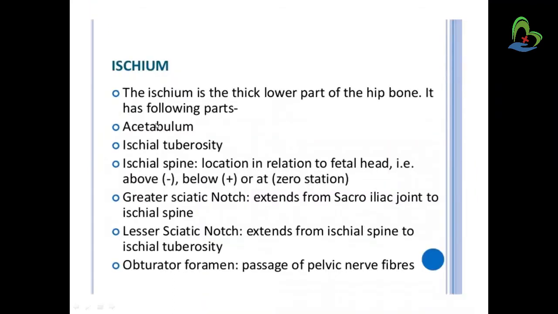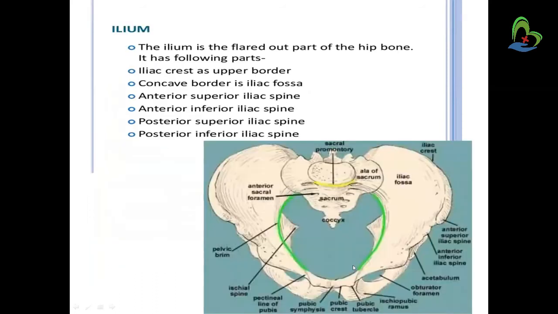Now, the ischium. The ischium is the thick lower part of the hip bone that includes the acetabulum, ischial tuberosity, ischial spine, the greater sciatic notch, lesser sciatic notch, and the obturator foramen. The acetabulum is the socket where the femur, the thigh bone of the leg, articulates. Then the ischial tuberosity, ischial spine, and the obturator foramen.